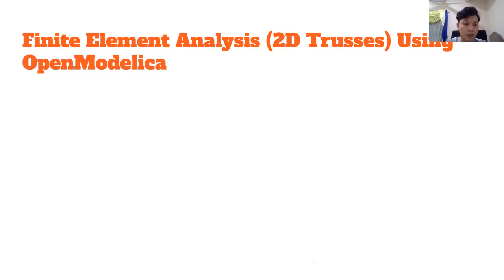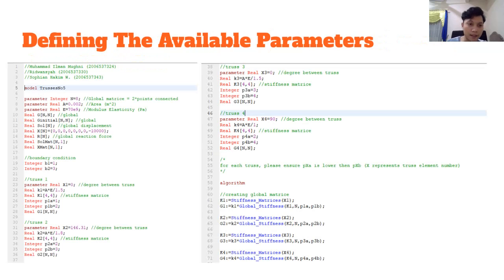And now I want to explain the analysis with the numerical method using OpenModelica software. Firstly, we have to make a new model specialization file. A model can generally contain variables and equations, like this, as shown in the slide.